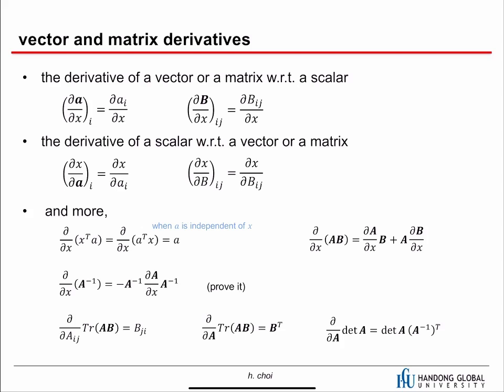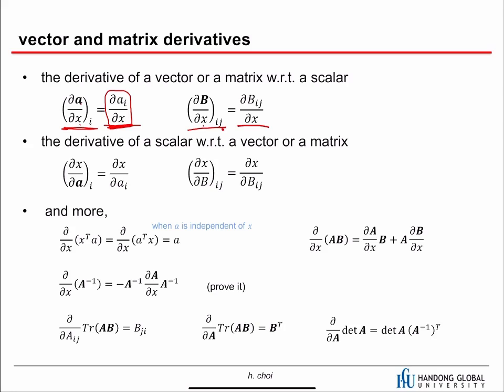If A is a vector, and we take the derivative of A with respect to x, where x is a scalar variable, then this is actually a vector, and each element of the vector is this one. And if B is a matrix and we take a derivative with respect to a scalar x, then it is a matrix and the element at ij is this.